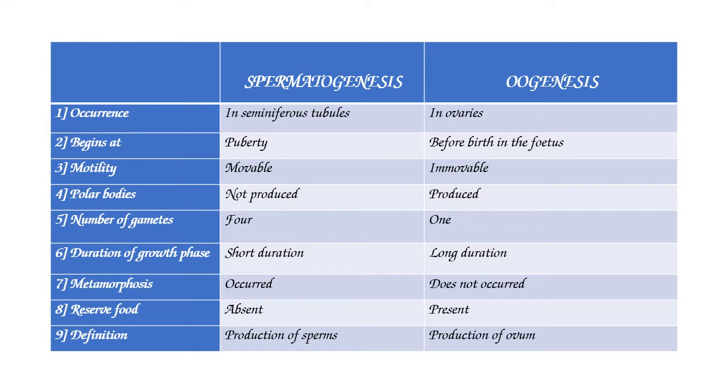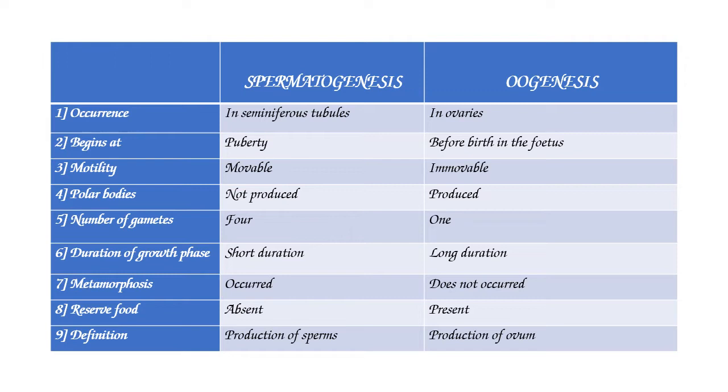The duration of the growth phases is very short in spermatogenesis, whereas it takes a long duration in oogenesis.